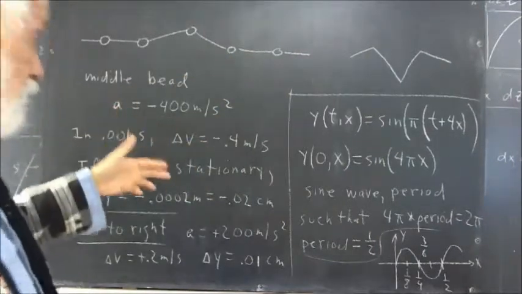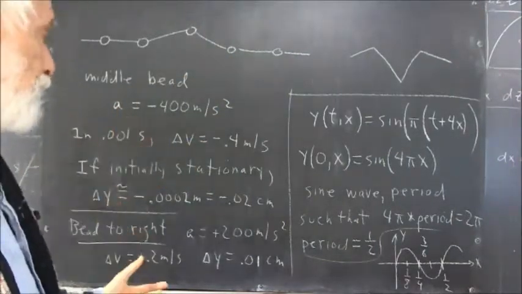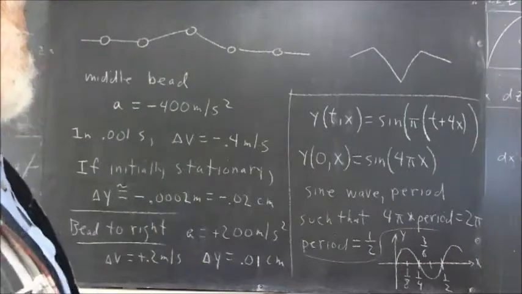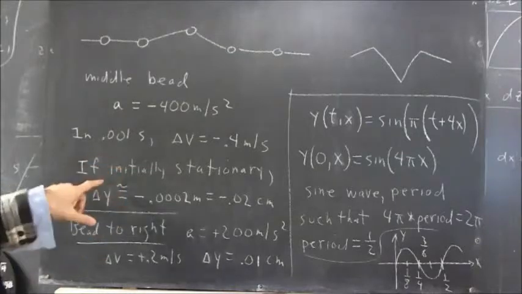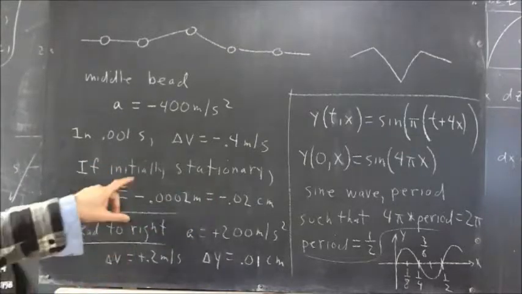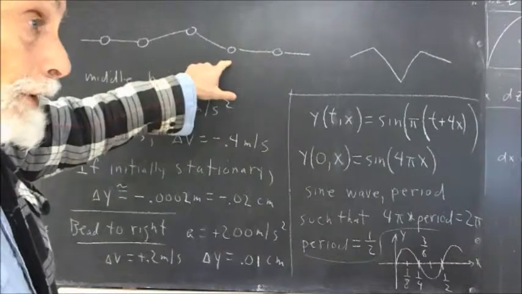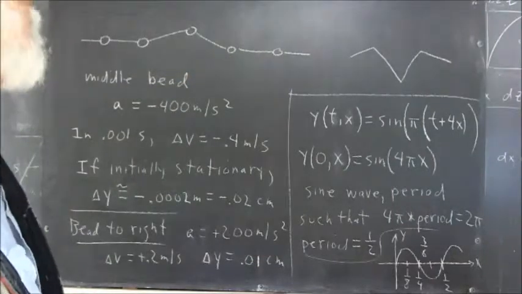It's going to give us a little less acceleration, a little less displacement during that interval. But the main point is that we won't be starting with zero velocity. Neither of these beads is going to be initially stationary at this point.